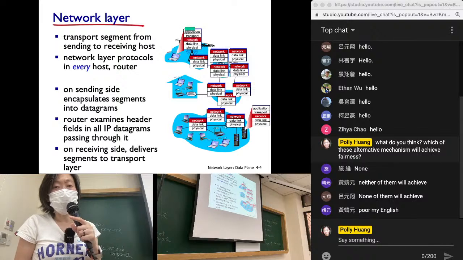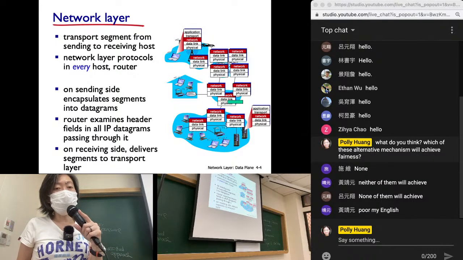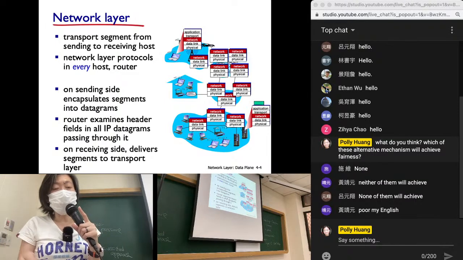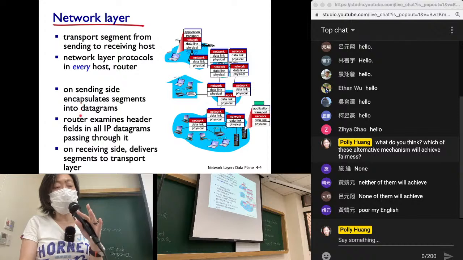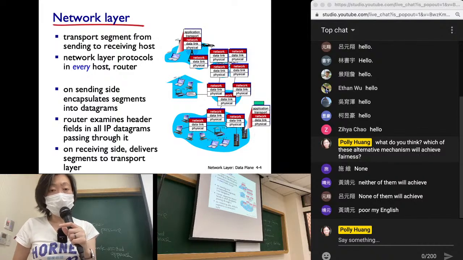So you see the packet encapsulated, becoming big, and this datagram is going to be forwarded one hop at a time through all these routers. The way that routers find out how to pass the packet is by examining the packet header. That allows the routers to decide how to pass it, and then eventually it reaches the destination.